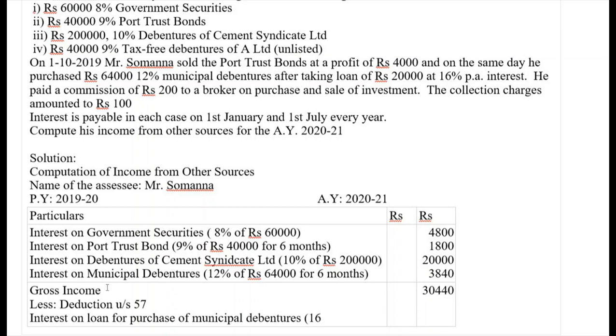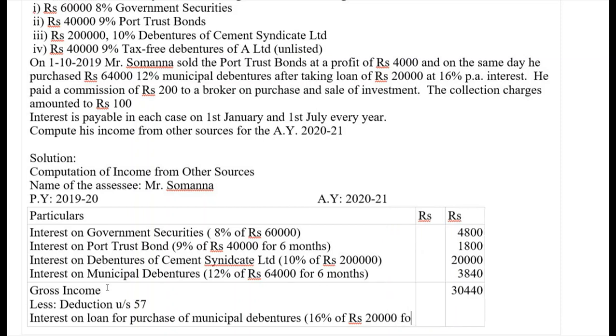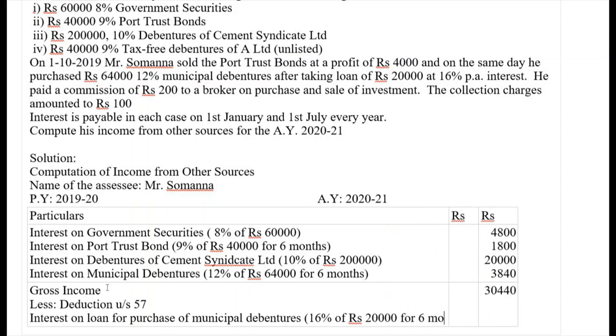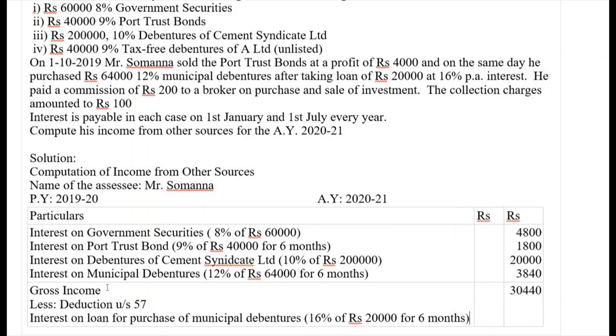So 16% of rupees 20,000 for 6 months. 20,000 at 16% for 6 months comes to 1,600.